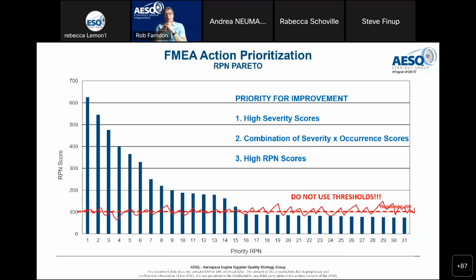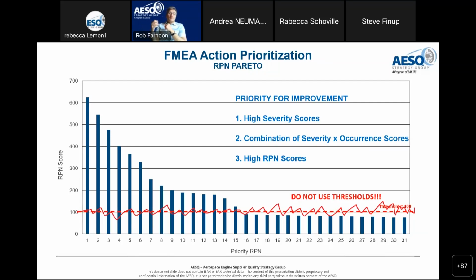The way to approach this is, first of all, to look for those failure modes, those causes, that give you high severity, and design those out. Then you look at the combination of severity times occurrence score, and you design out those failure modes. That's the way to look at this.